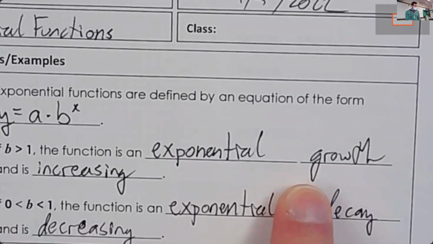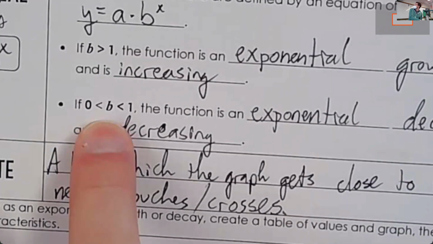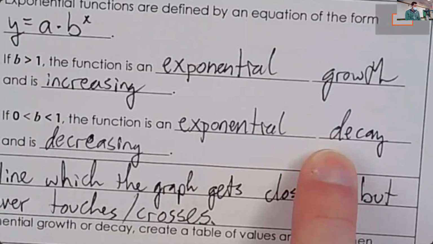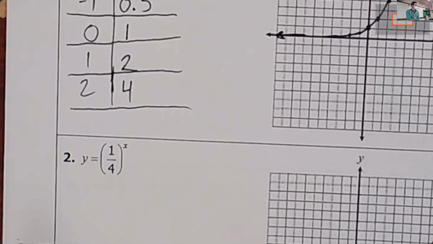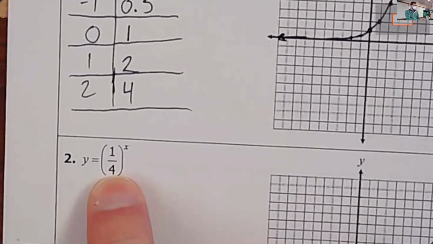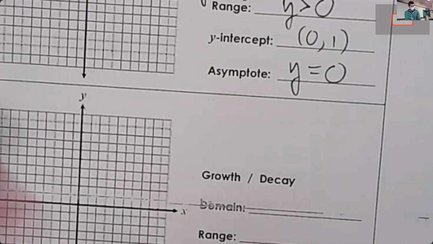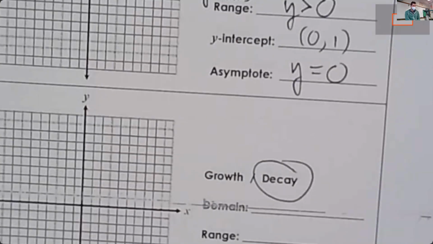If that value is greater than 0 but still less than 1, that would be exponential decay. The value on number 2 with the exponent is 1/4. This is definitely less than 1, but it's still greater than 0. So on number 2, we're dealing with exponential decay. Problem number 2 is decay.